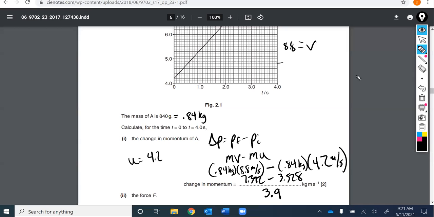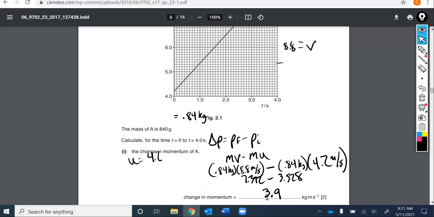I would round to 3.9. I'd make sure that my answer was right on that line, just like you see right there. 3.9 kilogram meters per second is the change in momentum.